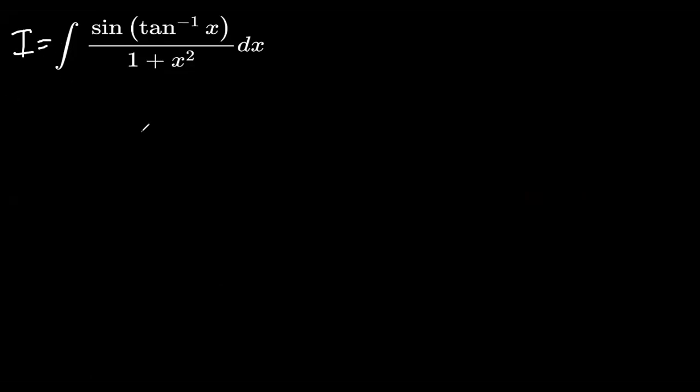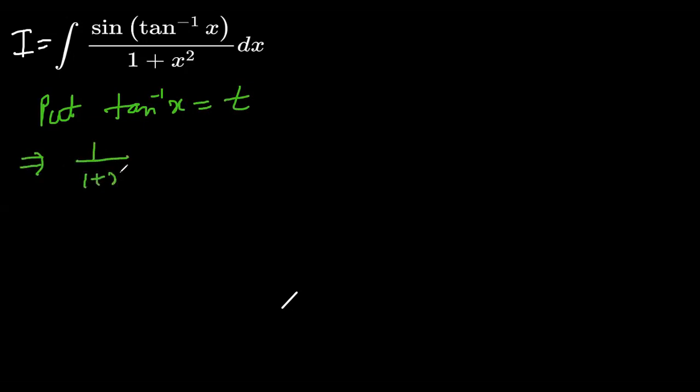So you are going to substitute tan inverse x is equal to t. This means the derivative of tan inverse x is 1 by 1 plus x squared, dx is equal to dt.